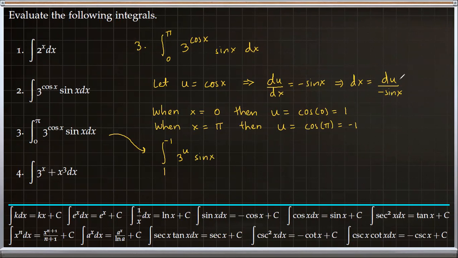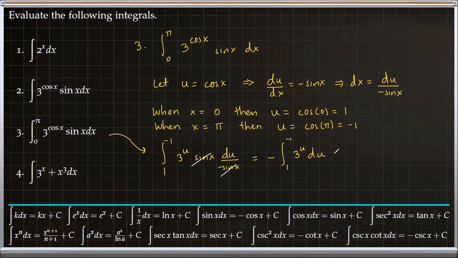And we found that dx is du over negative sine x. Again, sine x gets cancelled out. Then we are left with negative integral from 1 to negative 1 of 3 to u du.